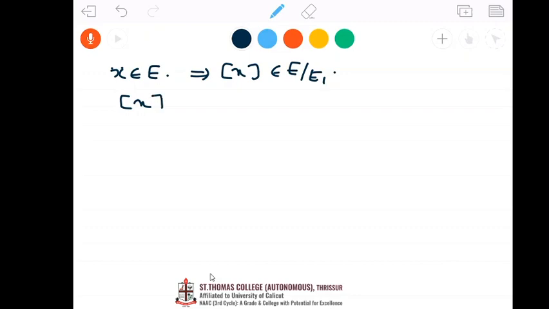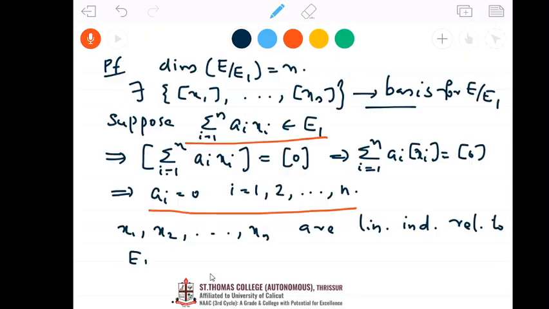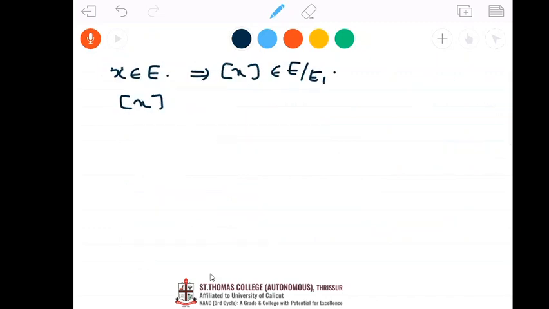This class of x is in E over E1, and we have taken that class x1, class x2, etc., class xn form a basis for E over E1. So, this class x can be expressed as summation i equal to 1 to n ai class xi in a unique way.